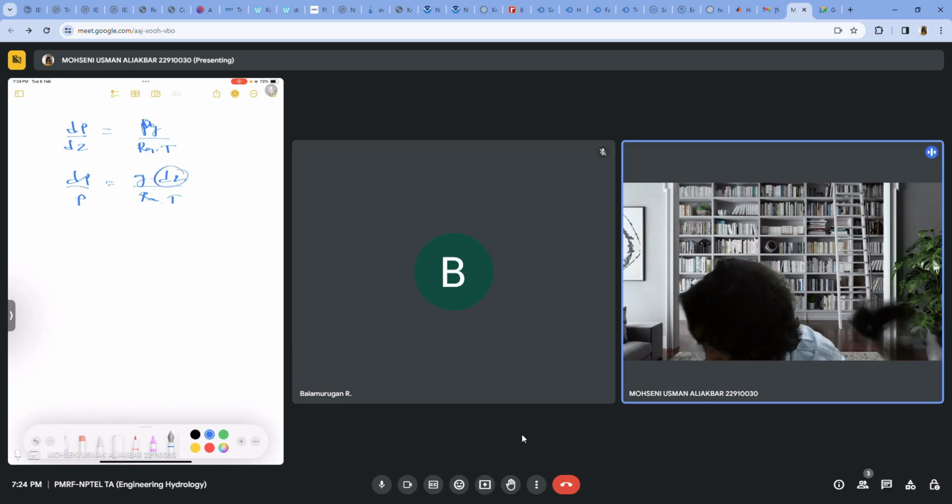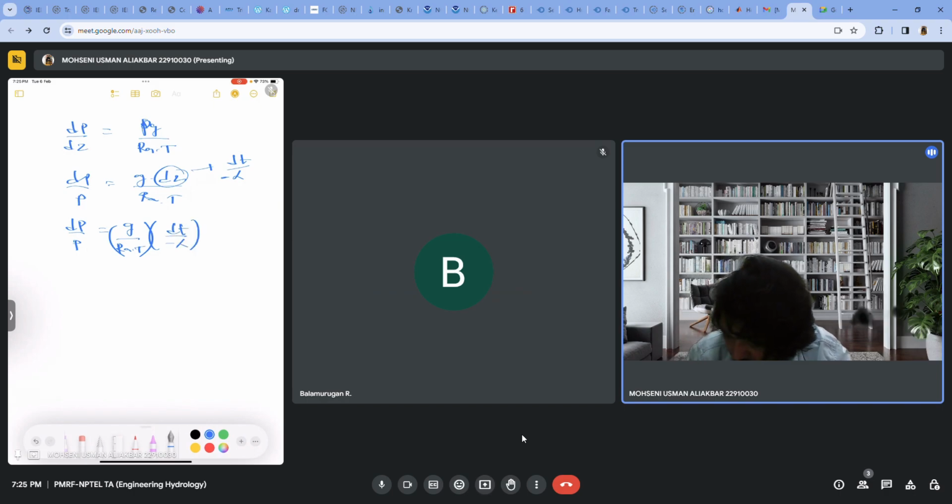From equation 3, we know that dz would be dT upon minus alpha. So again we can write this equation as dP by P is equal to g upon Ra of T into dT upon minus alpha.